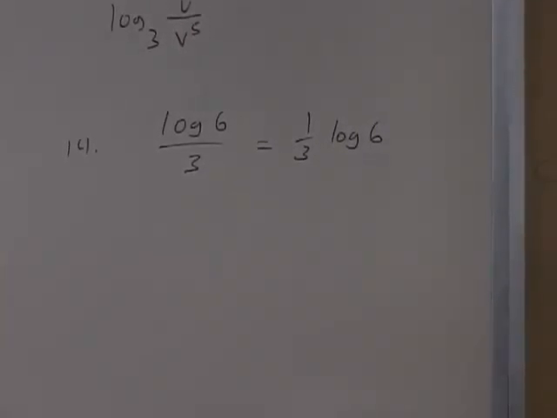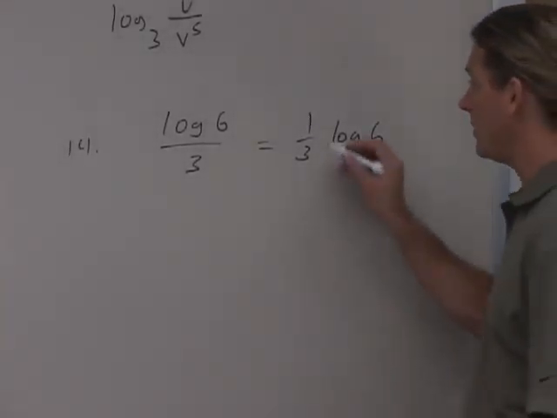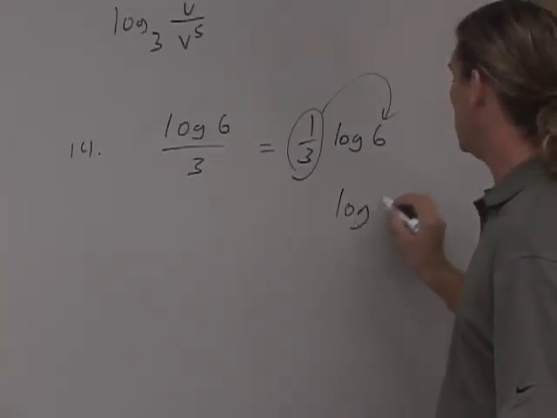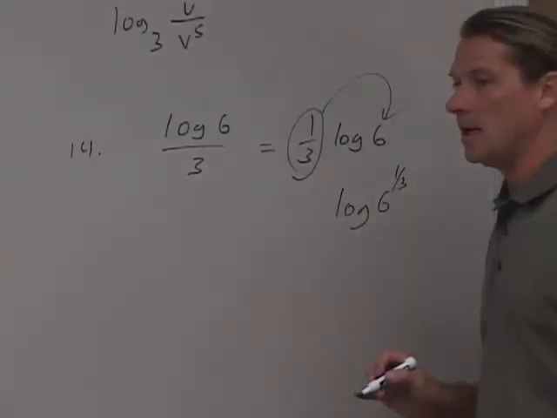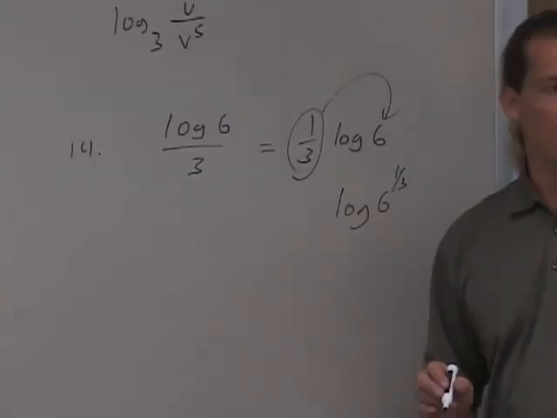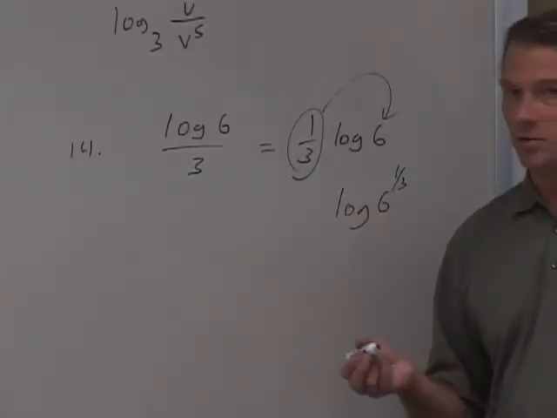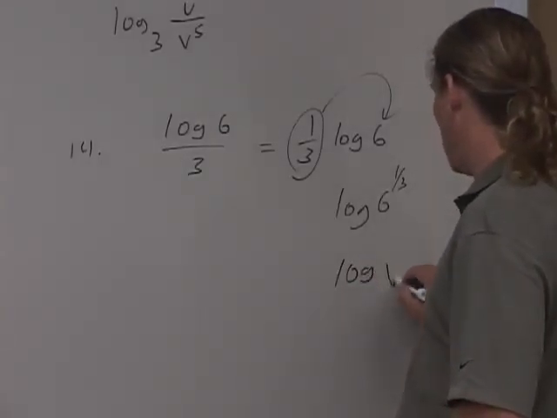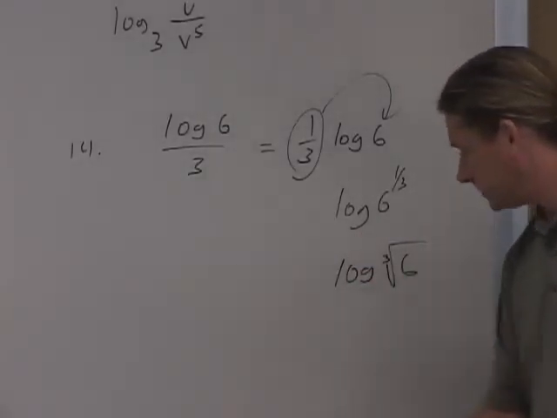Divide by 3, multiply by 1/3, same thing. Then this 1/3 goes right up on the 6. So this is log 6 raised to the 1/3. And if you remember from your intermediate algebra class, anything raised to the 1/3 is also the cube root. So this becomes log of the cube root of 6.